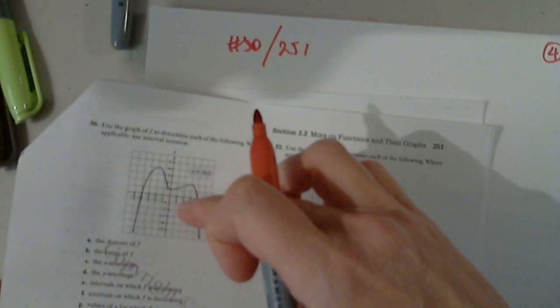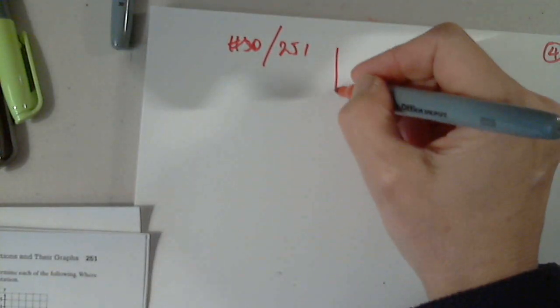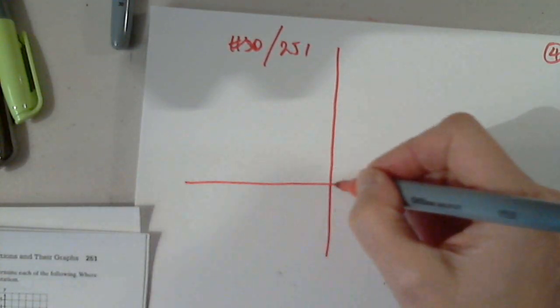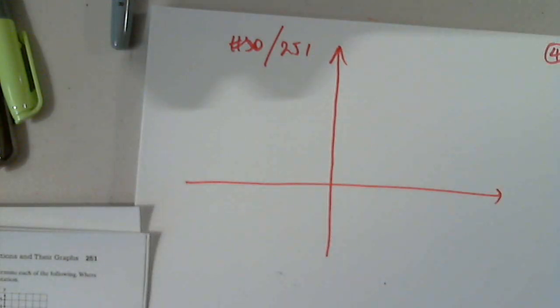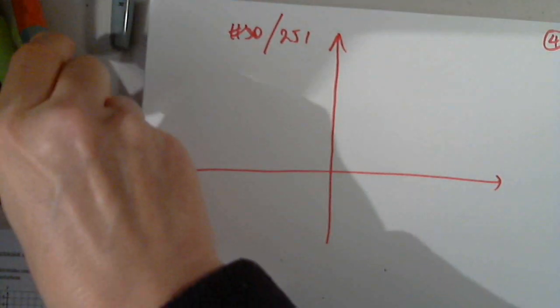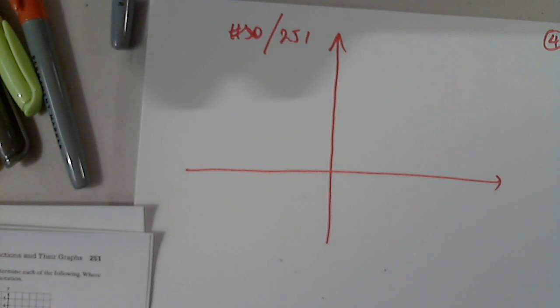251. I'm going to try to mimic the graph as well as possible so we can all look at it and explain and go over it. It's not going to be a perfect graph, my apologies.